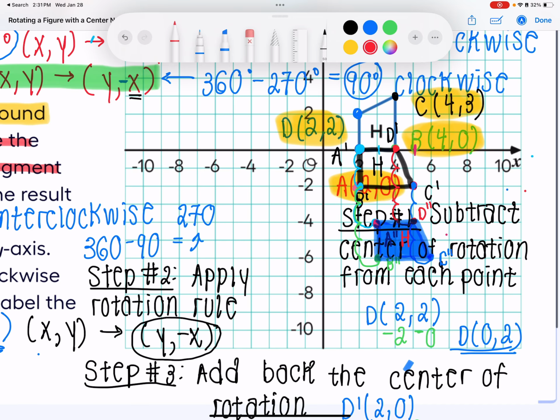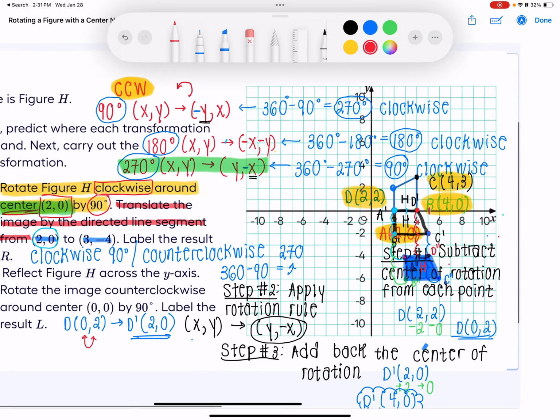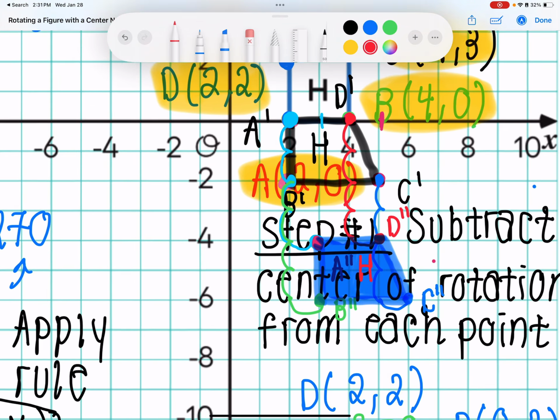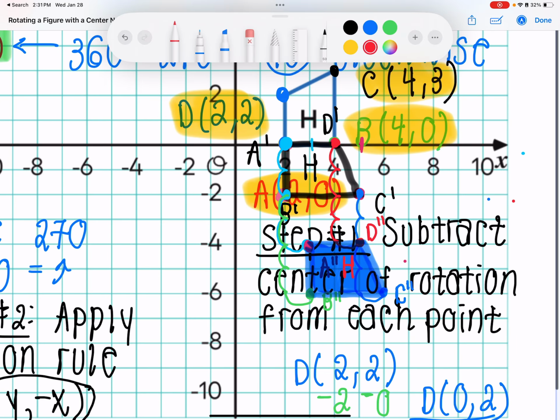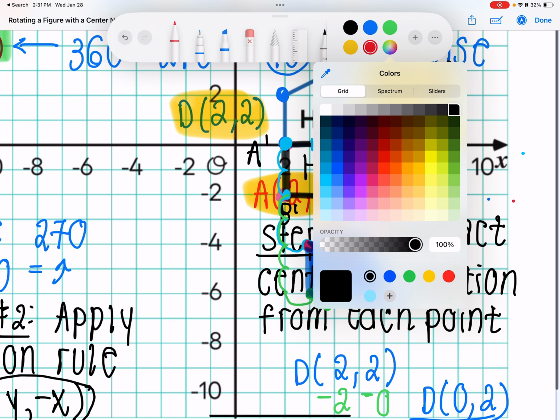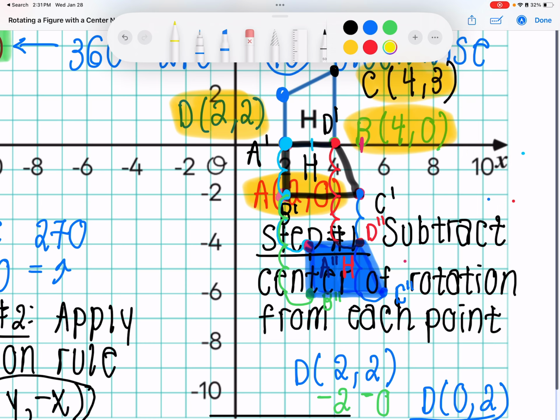Then we translated the image that we got, the black image over here. I should really select a different color, so let's outline this one in yellow to make it special. Okay, so from the black image, we got to the yellow image by taking every point and going down 4 and to the right 1.